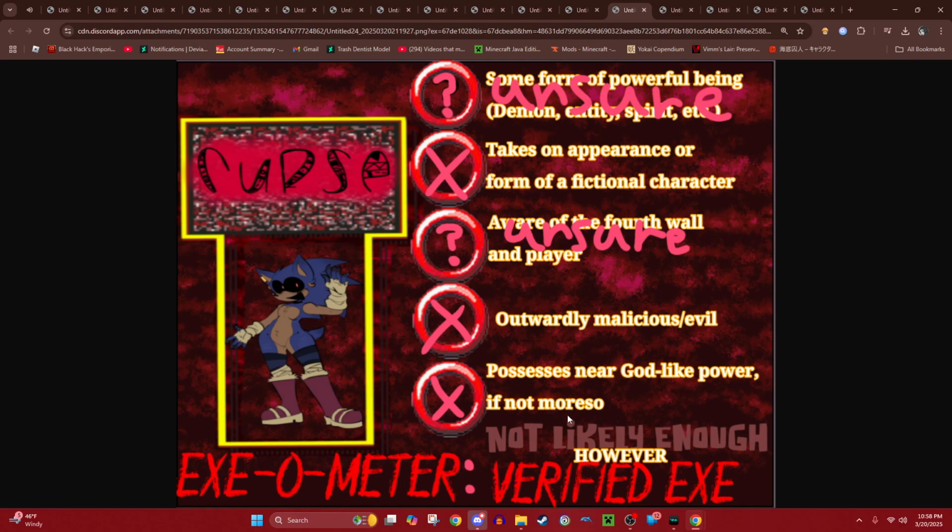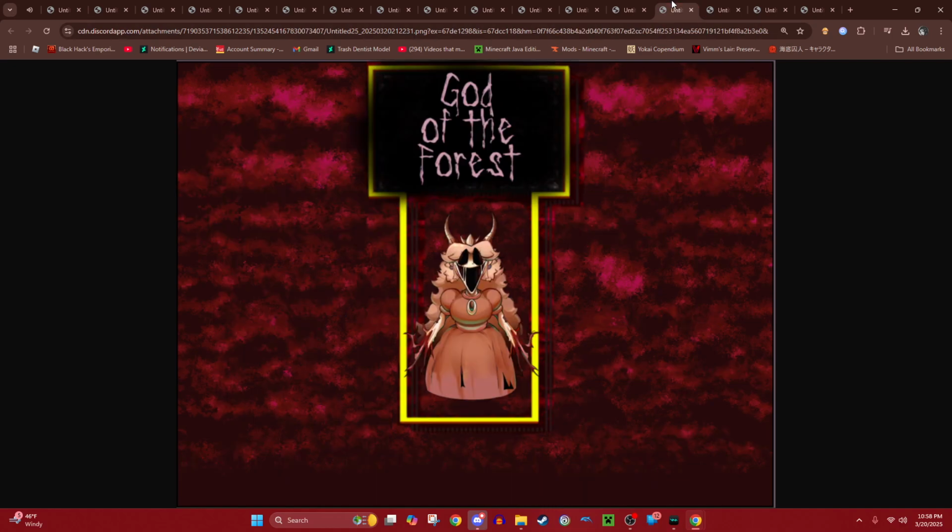Anyways, with that being said, we will move on to the next one, the God of the Forest, a character from Apostrophe the, or Coronation Day if you prefer. This character is a bit of a tricky one because, a bit like Curse, we don't have too much information on them right now.